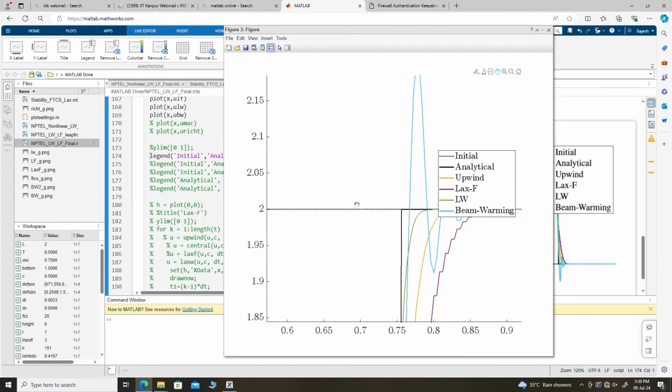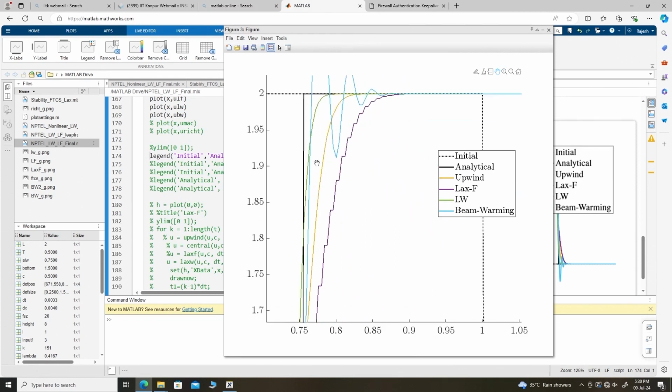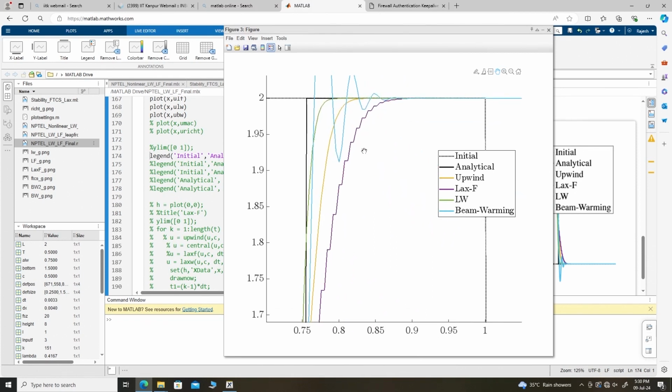So, you can see here at the corner, the Lax-Friedrichs has dissipated the most. Then we have the upwind, and then we have the Lax-Wendroff. And Beam-Warming is showing some oscillations here.